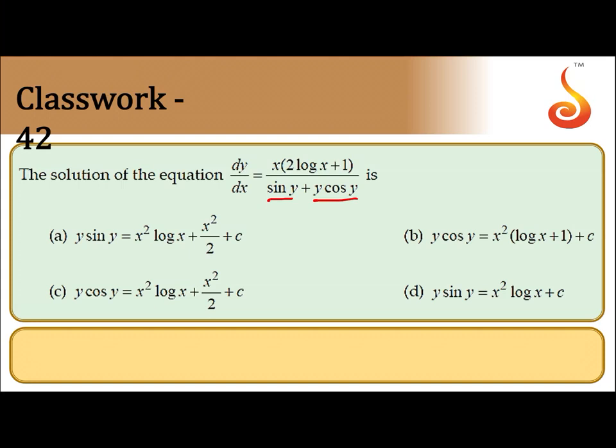And option-wise, when you verify the derivative of x square log x, it is 2x into log x plus x square times 1 by x. I think it suits the answer. Therefore, by verification, I could say D is the answer.